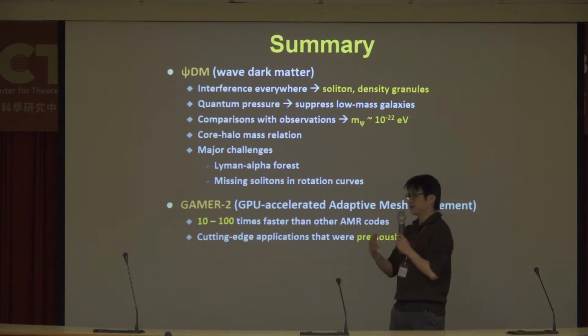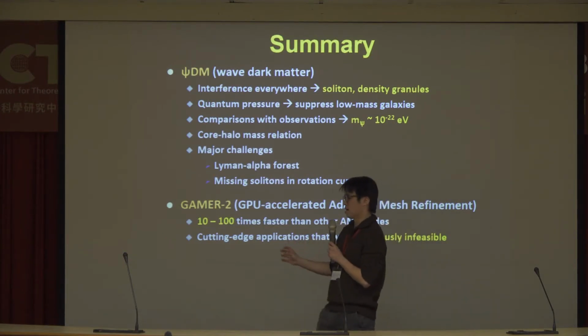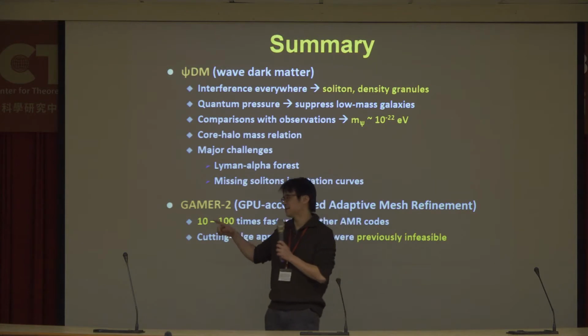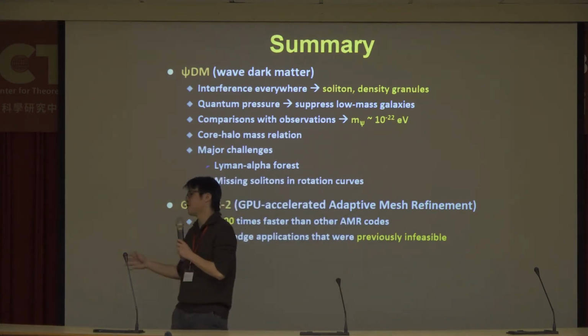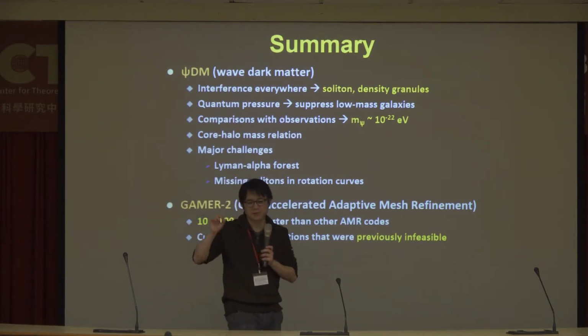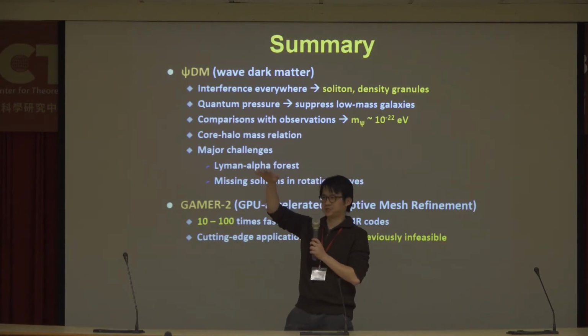So we have been working on this extreme axion model. We include this cosine potential, and we assume that the axion angle is very close to pi. It's quite strange, but we assume that the axion at the beginning resides on top of this potential.